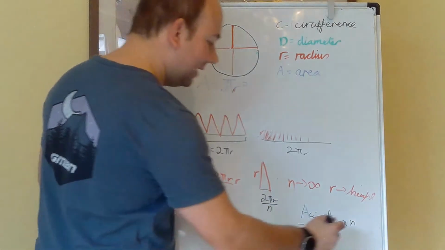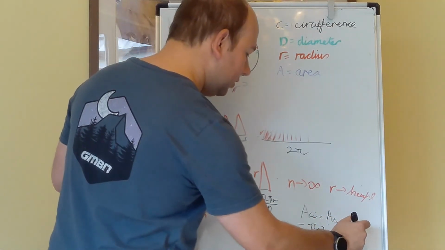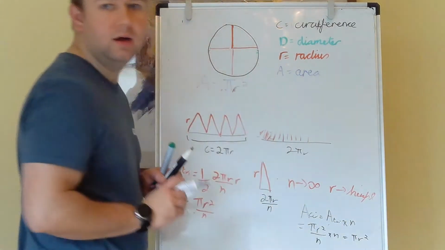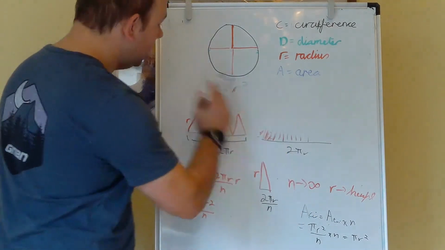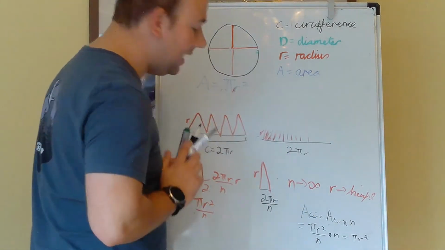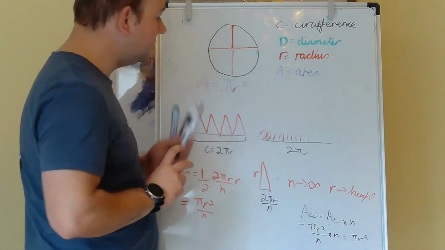These n's cancel out, which is equal to pi r squared, which is where we come back from. So this is where the area of a circle comes from.